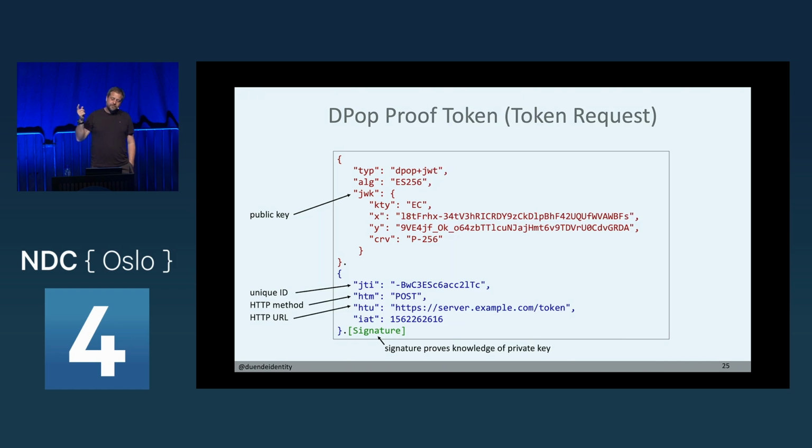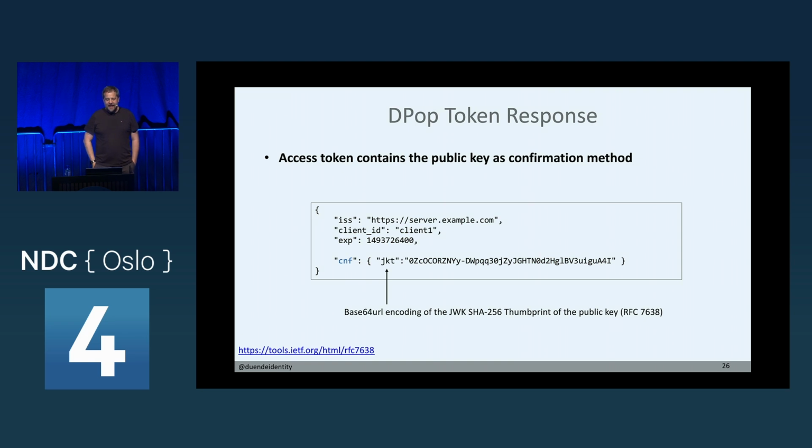And then the token response from that will be an access token again, just like before, but this time it has a different cnf value, which says jkt, which is my favorite sentence of this slide deck. It's the base64url encoding of the JWK SHA-256 thumbprint of the public key. So that's basically the unique identifier of that signature that belongs to your secret, which is your private key.